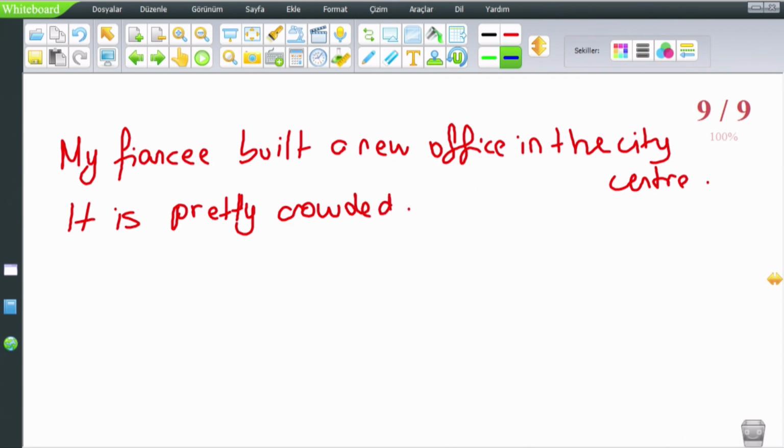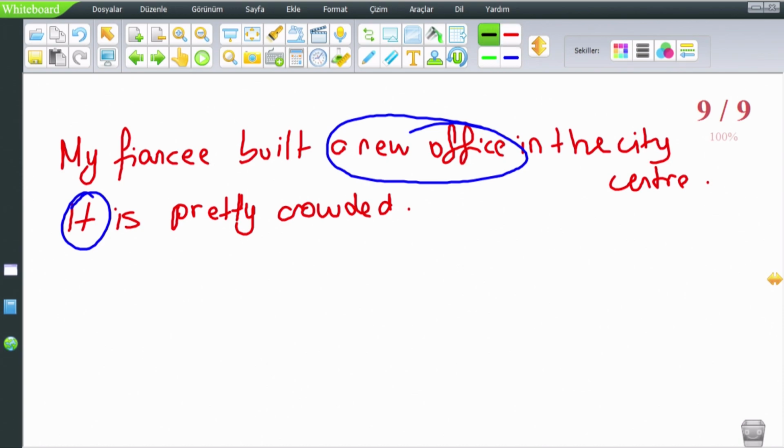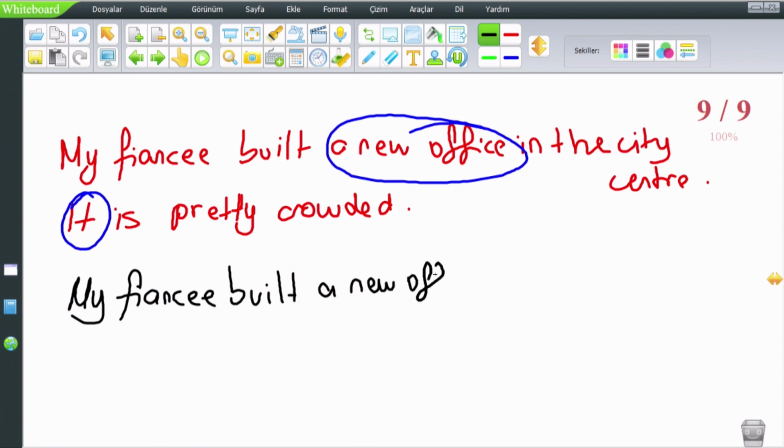So, as you can see, in the second sentence, it doesn't refer to my fiancé in the first sentence, but it refers to the new office. So, let's start writing it. My fiancé built a new office. Now, I've come across the common figure of speech.